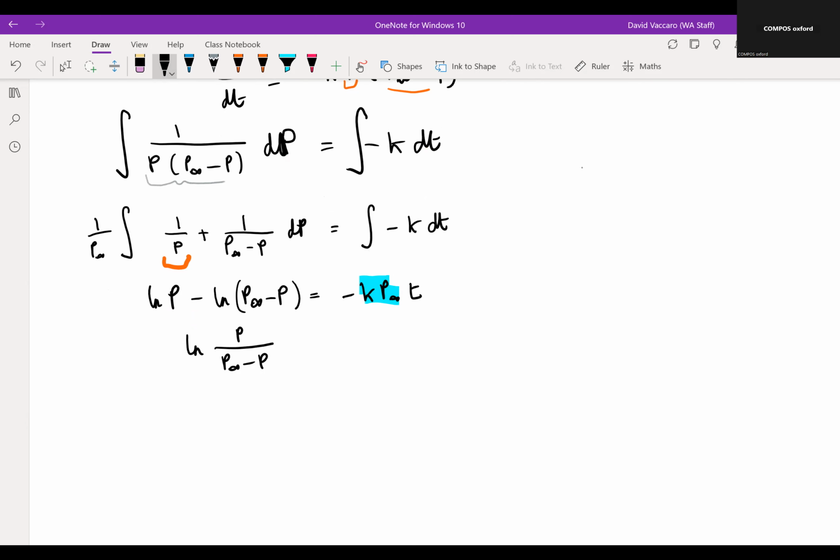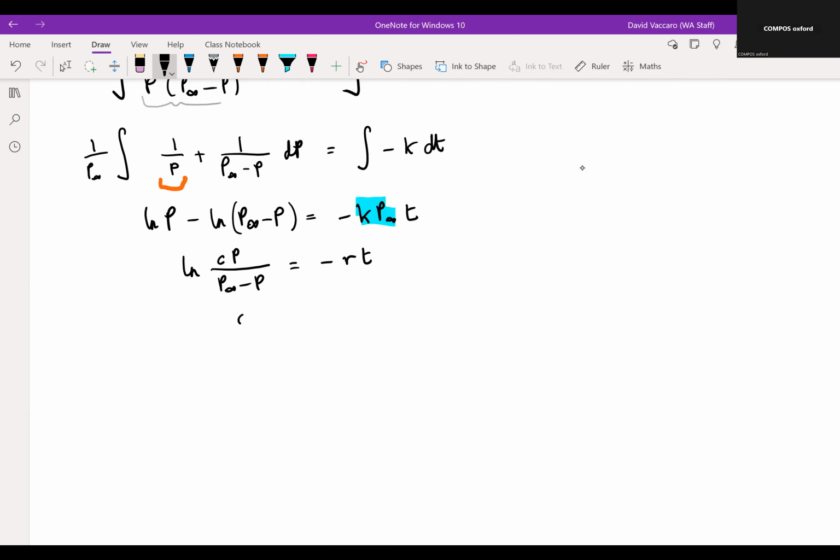So I'll put that in now. If there's logs flying around, the best place to put the constant of integration is inside the logarithm. And I'm going to call k p infinity minus r t. And then I exponentiate. So I get c p over p infinity minus p is equal to e to the minus rt.